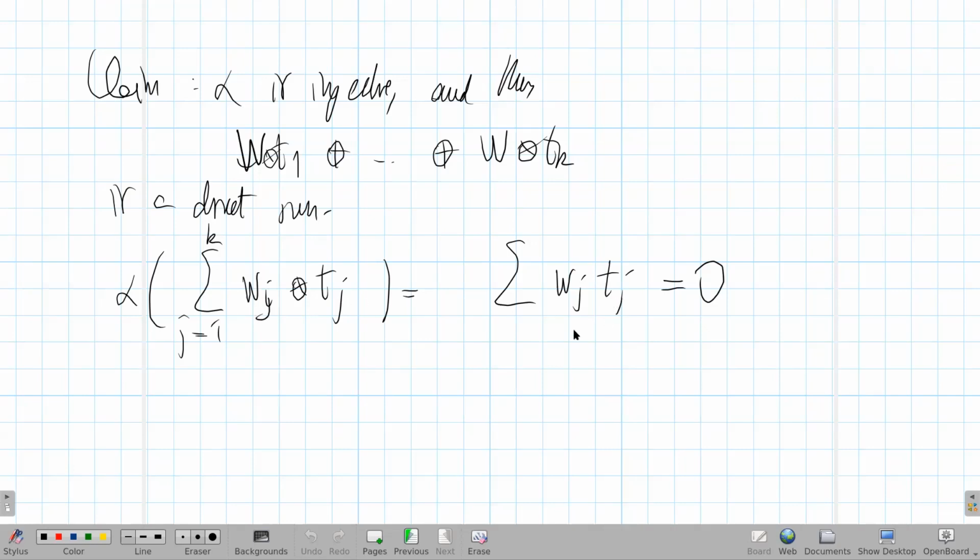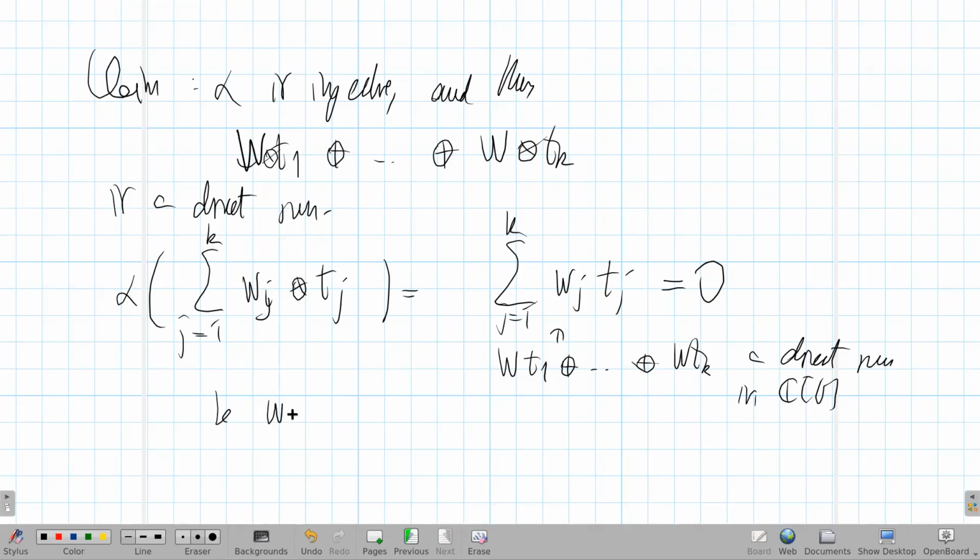But remember, this is a direct sum, so if this is 0, this is a direct sum in CG. And if this is a direct sum, it means that if this linear combination is 0, then each component is 0. And for this to be 0, you need the Wj to be 0.